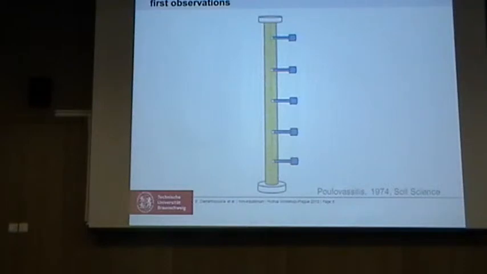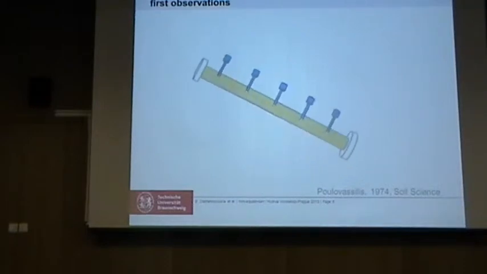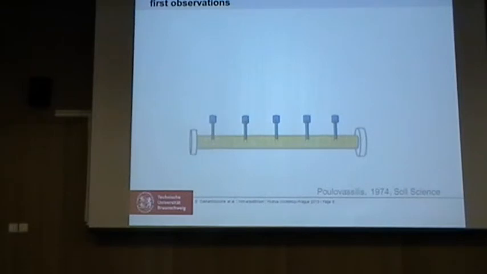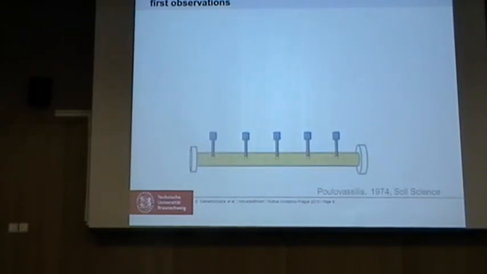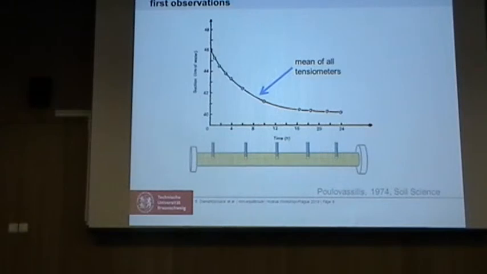He obtained these conditions, sealed the soil column, and left it to rest horizontally. Now this system has constant water content, and the tensiometers should record a stable pressure head. However, what Poulovassilis observed, here we see suction with time, is that all tensiometers, this is the mean of all tensiometers, showed a relaxation towards a less negative pressure head value, or a lower suction value.